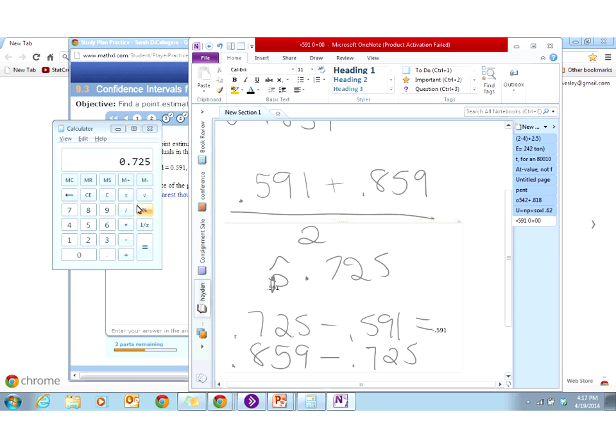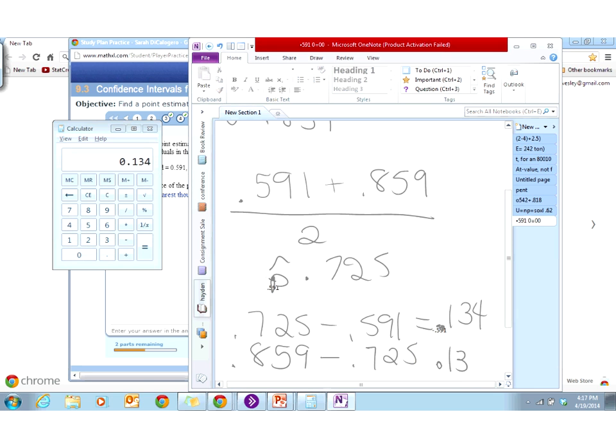So 0.725 minus 0.591 is 0.134. And if I take the 0.859 and I subtract the 0.725, and I did something wrong, 0.859 minus 0.725, there's that 0.134.